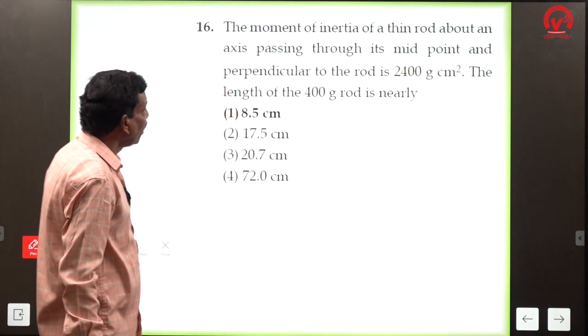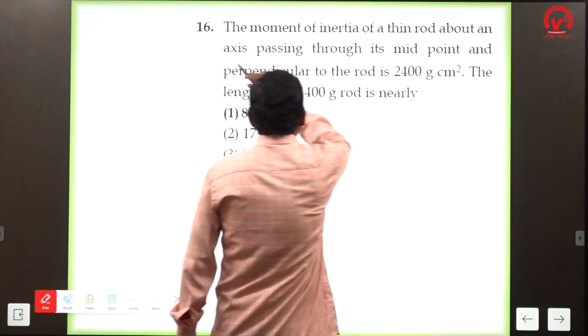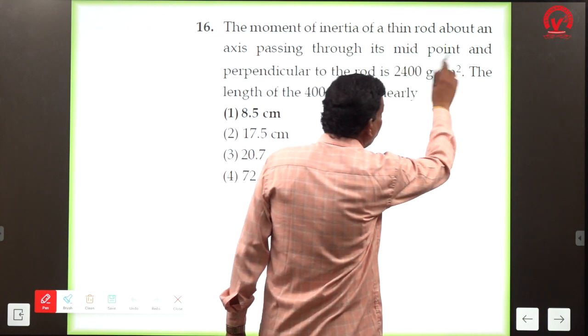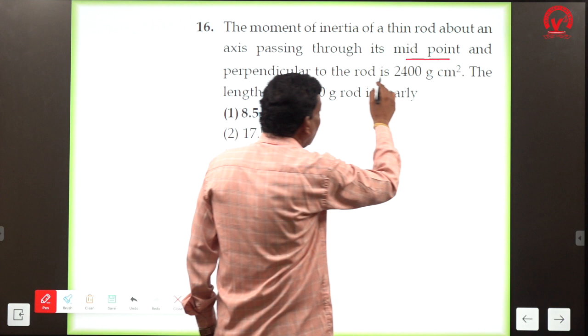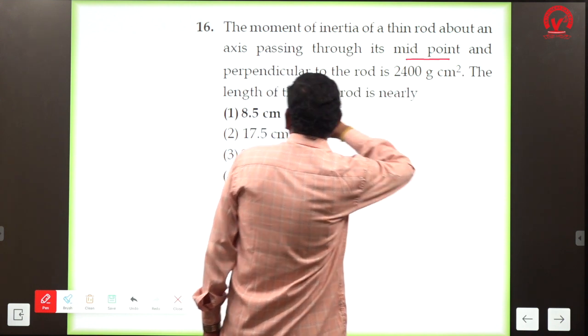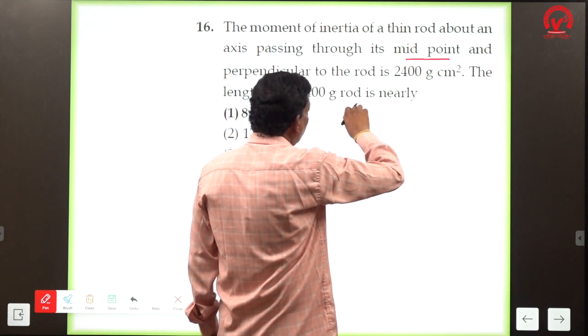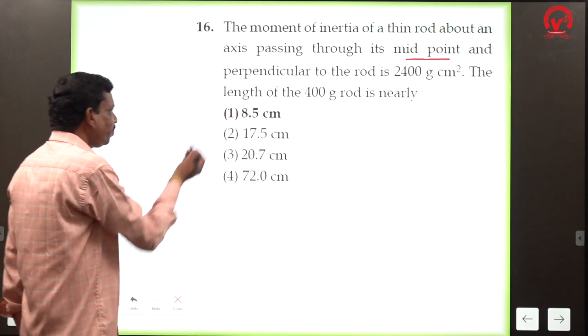What is next? The moment of inertia of a thin rod about an axis passing through its midpoint, perpendicular to the rod, is 2400 gram centimeter square. The length of the 400 gram rod is nearly. Okay, let's see.